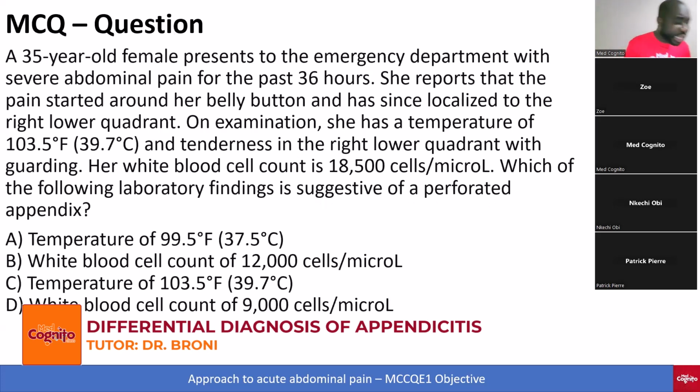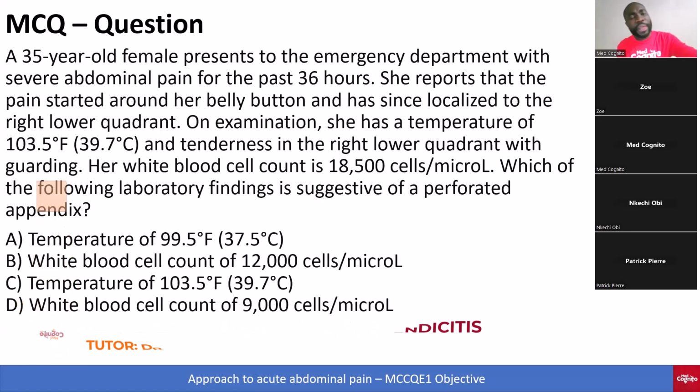I need someone to read this case for us, please. A 35-year-old female presents to the emergency department with severe abdominal pain for the past 36 hours. She reports that the pain started around her belly button and has since localized to the right lower quadrant.